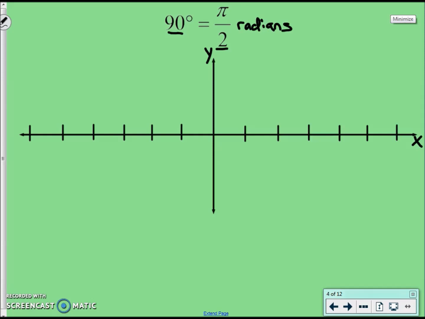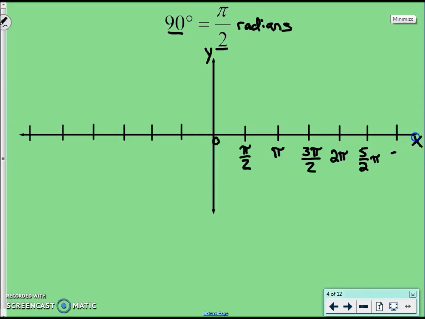So if I think about it, I start out at 0 degrees. I start off at pi over 2. I go another 90 degrees, that would give me pi. Another 90 degrees, I'd have 3/2 pi. And yet again, if I go further, I would have 2 pi. After 2 pi, I end up at 5/2 pi.